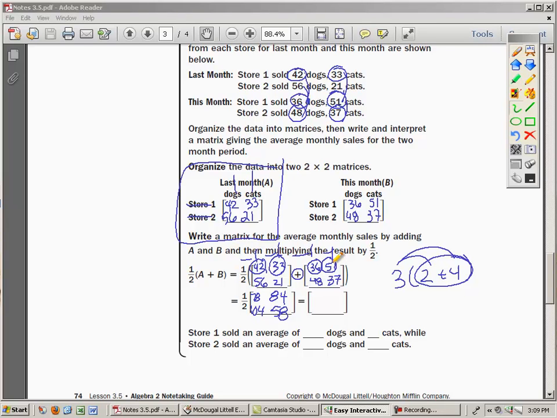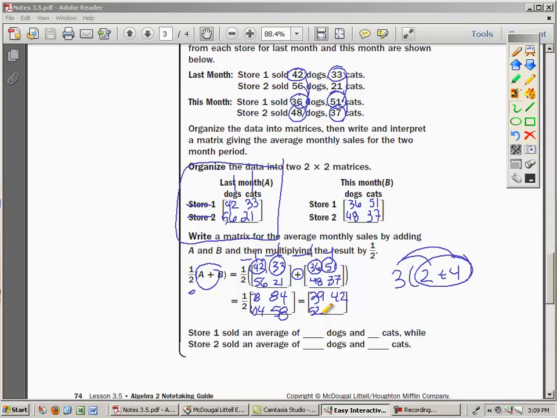Now, we're going to take half of those because the average says add them together and divide by 2, so we're just going to take half by using a scalar multiplication. And half of 78 comes out to 39. Half of 84 comes out to 42. Half of 104 is 52.